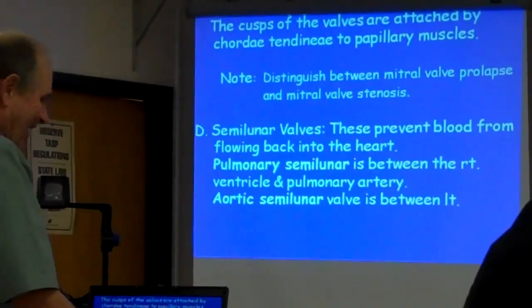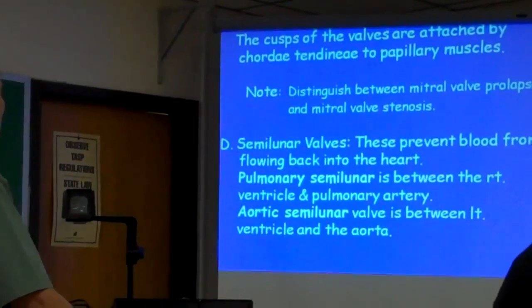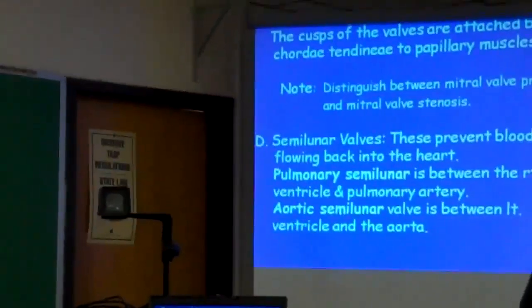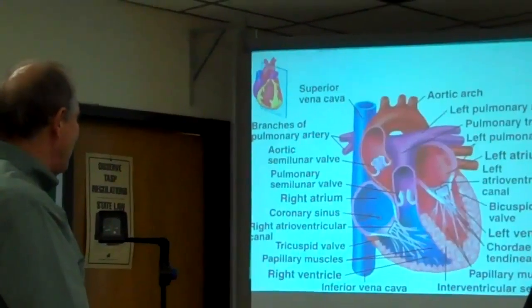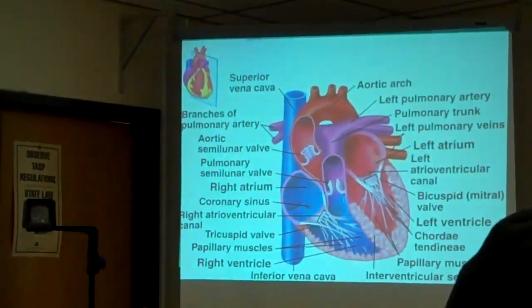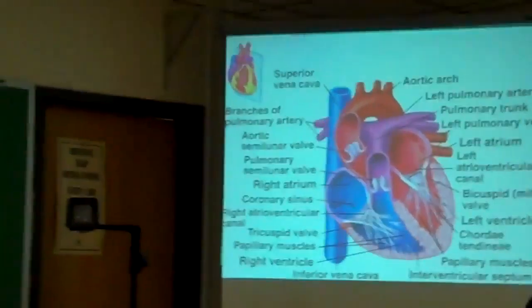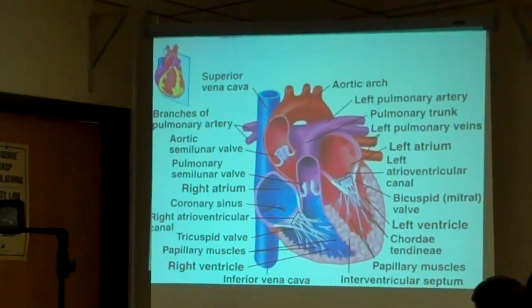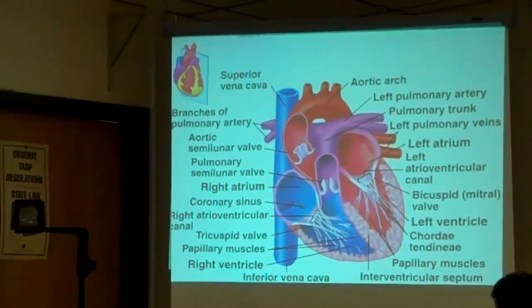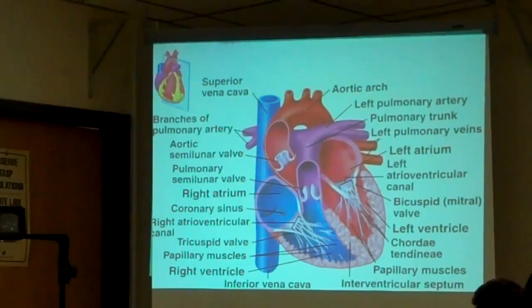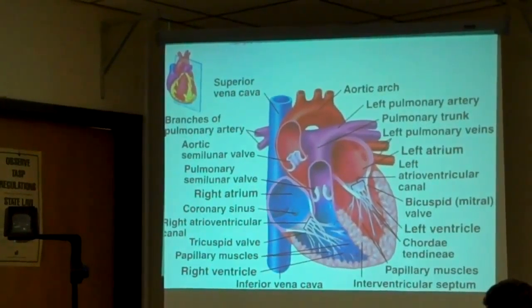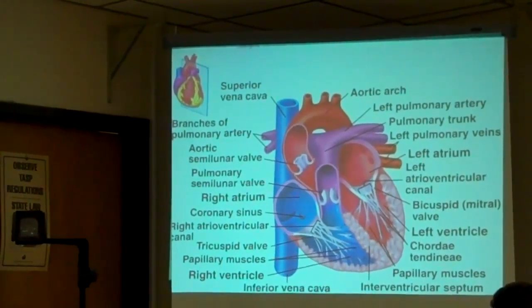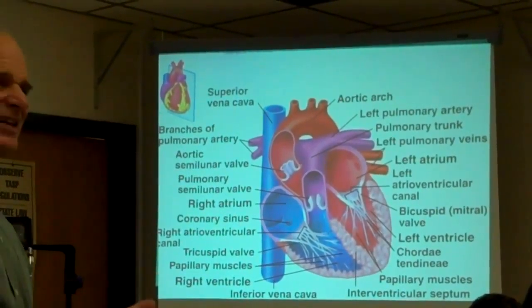Okay. Aortic semilunar valve is between the left ventricle and the aorta. Now, right here, everybody, is a picture out of Seeley, Stevens, and Tate. His pictures are more bold, and there seem to be more terms associated with them. Tortora's pictures are more laid back, more pastel.